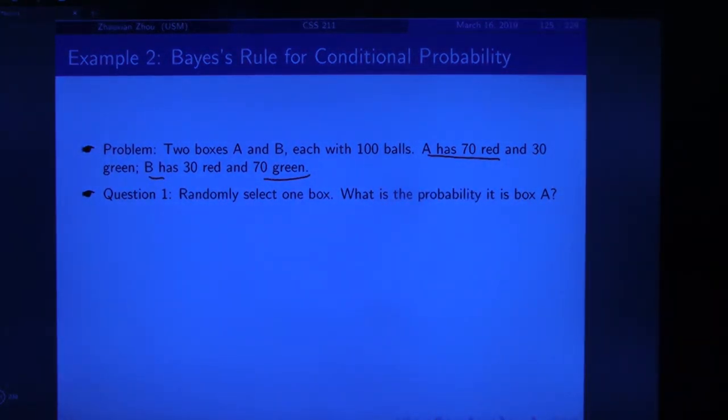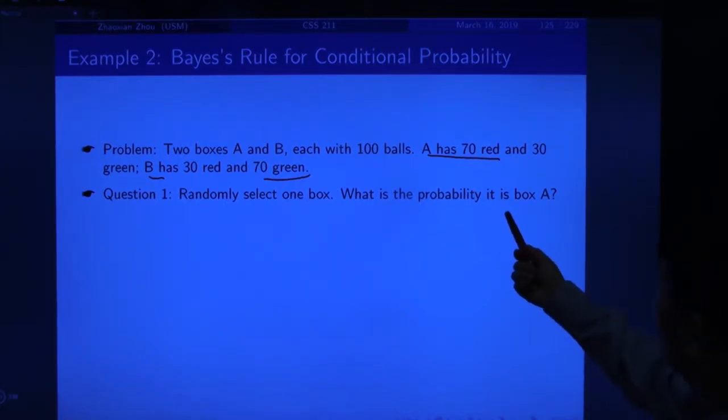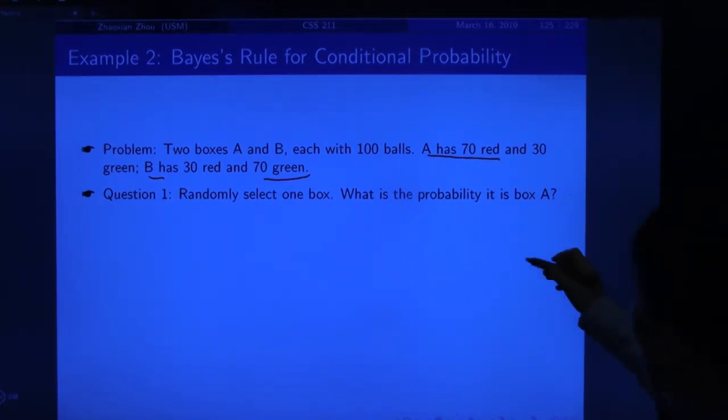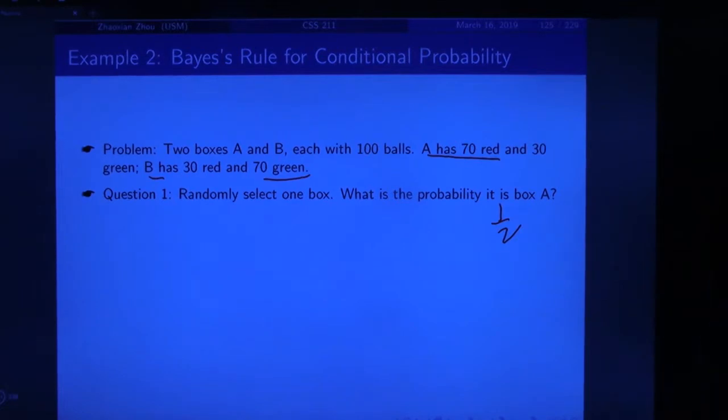Now, question one. I ask you to randomly select one box. Now we have only two boxes, A and B. So what is the probability it is box A? Because it's an equally likely event, and the total number of events is 2, A and B, you choose A, so this result equals 50%.